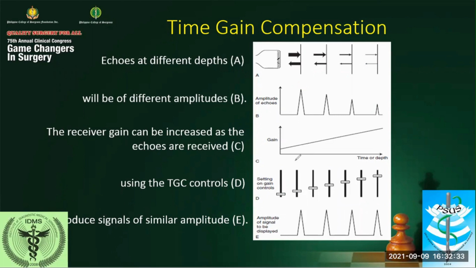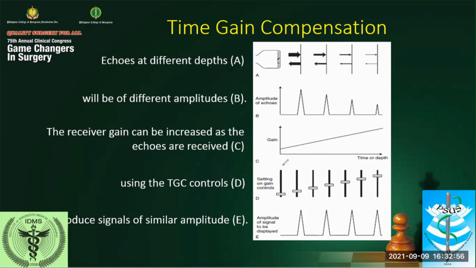Now what we do, the TGC or the receiver gain should be increased accordingly. In the near region, we may not need to increase the gain because the returning signals are already very strong. But in the deeper regions, we may need to increase the gain.